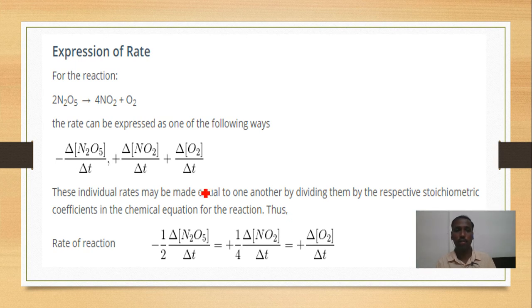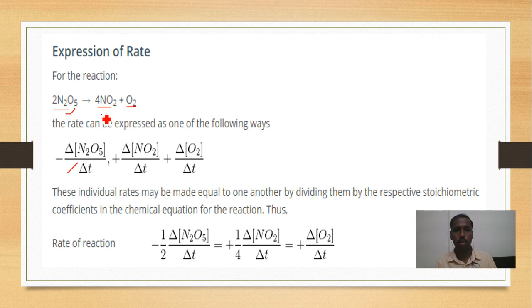For example, if we take the decomposition of nitrogen pentoxide, when nitrogen pentoxide decomposes, it gives nitrogen dioxide as a product along with oxygen. Here we can express the rate in the following ways. With respect to reactants, we can express like this.